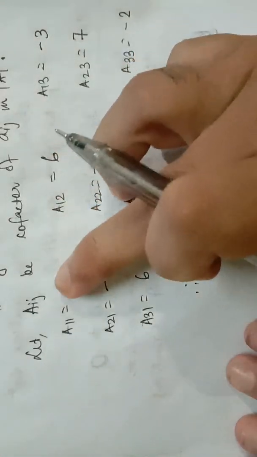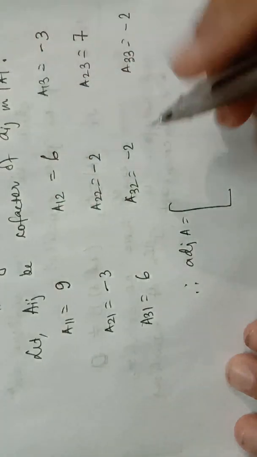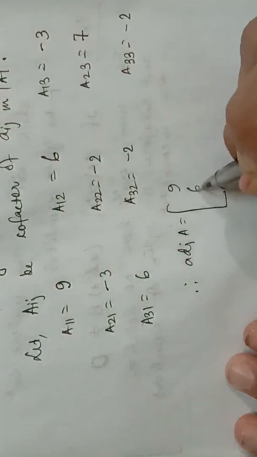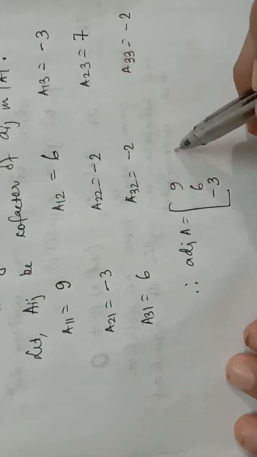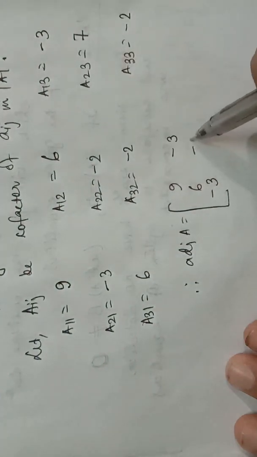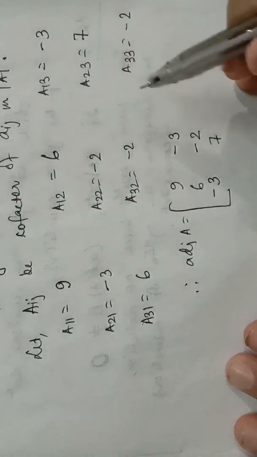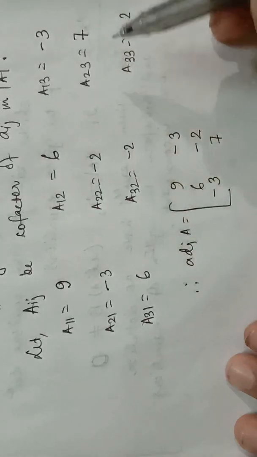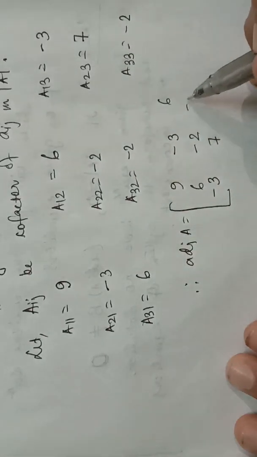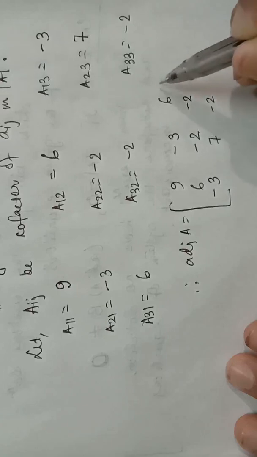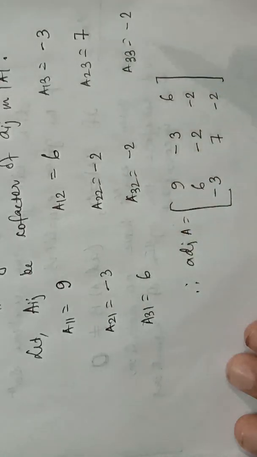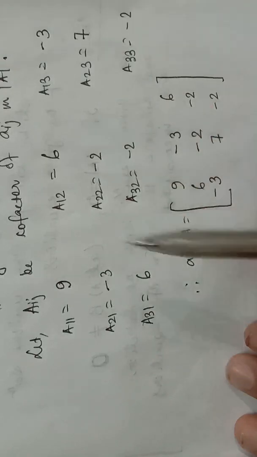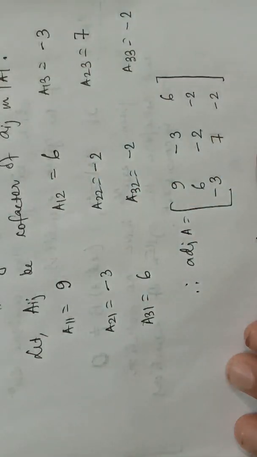We write these elements as the first column: 9, 6, minus 3. These as the second column: minus 3, minus 2 and 7. These as the third column: 6, minus 2, minus 2. So this is our adjoint of A. First we find the cofactor of each element, and then we take the transpose.